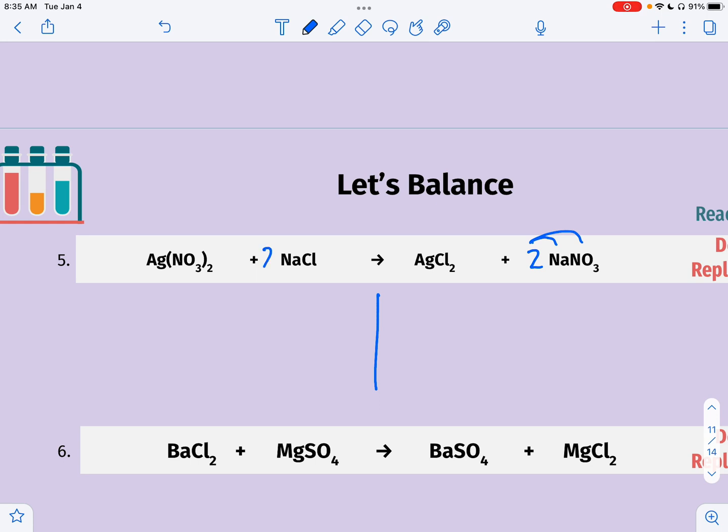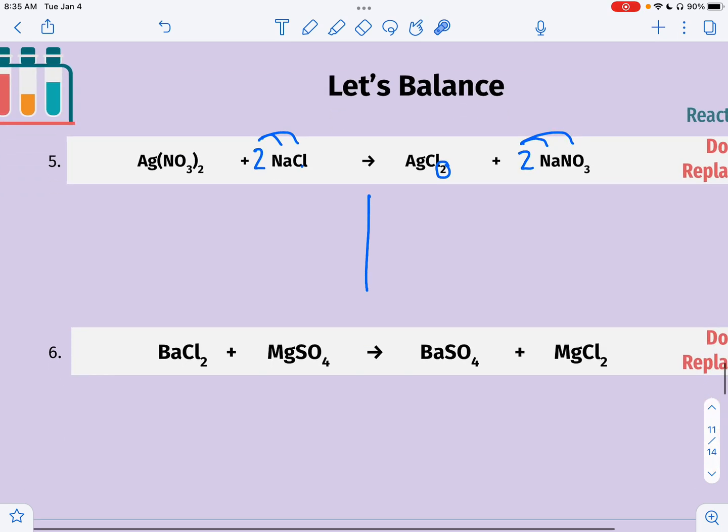I'd better put a coefficient of 2 in front of here because that's going to multiply by the sodium and the chlorine. Double check, I have 2 chlorines on both sides because of the subscript here and the coefficient on this side, and 1 silver and 1 silver. So that balances. By taking into account that that polyatomic can stay together, it's a group, and just counting it as a group, it makes the balancing a lot easier.